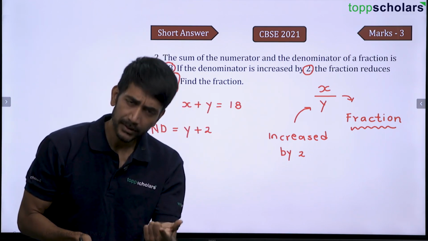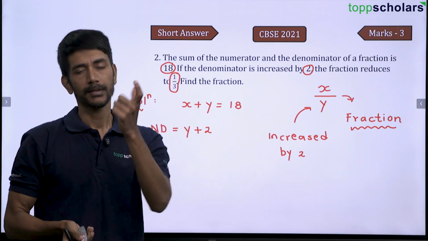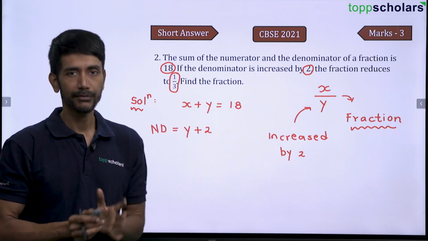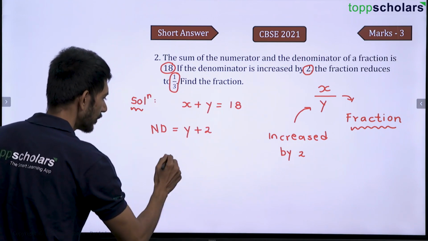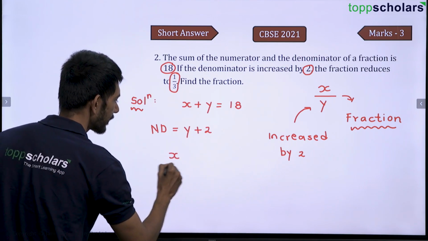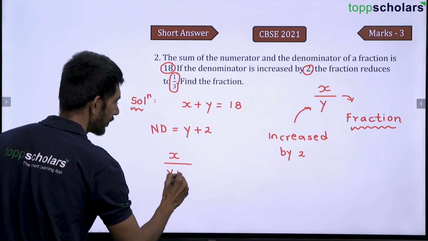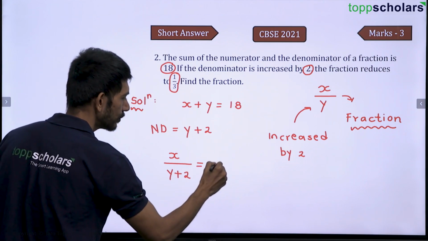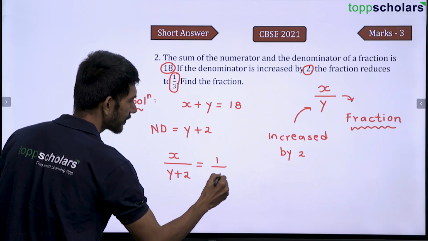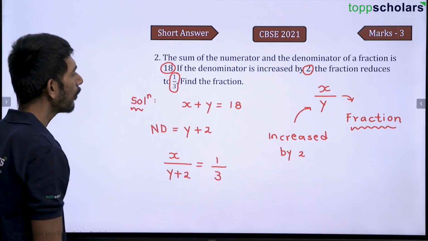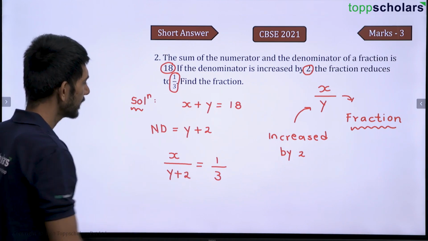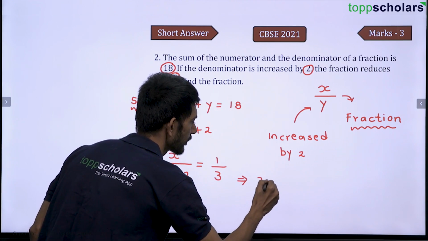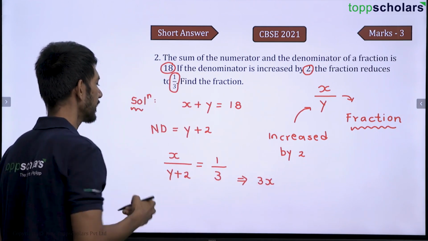The fraction reduces to 1 by 3. Fraction reduces means here the fraction becomes 1 by 3. Don't get confused. So, x by y plus 2 becomes 1 by 3. Now what you can do is cross multiply this. 3 into x is 3x.